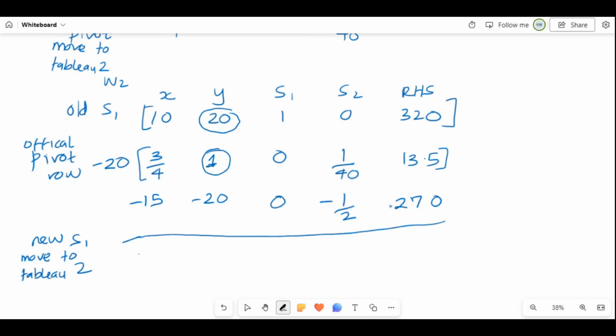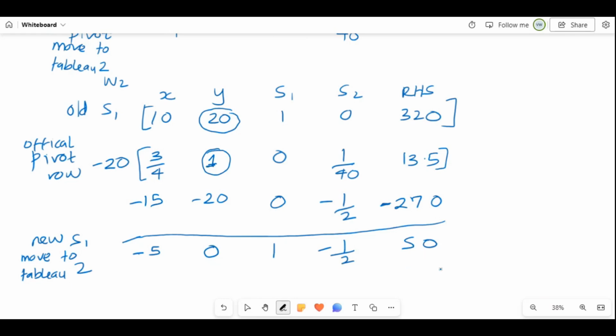And definitely here there's a negative, let me just correct this, it is also a negative. So this is 10 minus 15, which is negative 5. 20 minus 20, which is 0. And this is 1. And this is negative a half. 320 minus 270, this is 50.